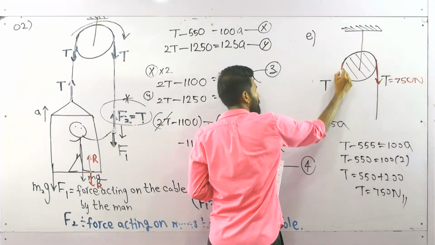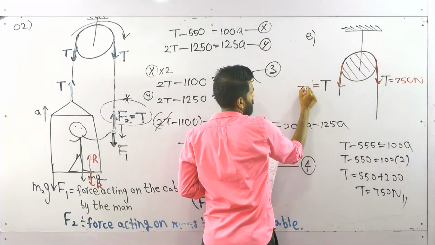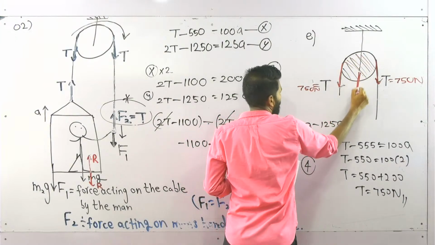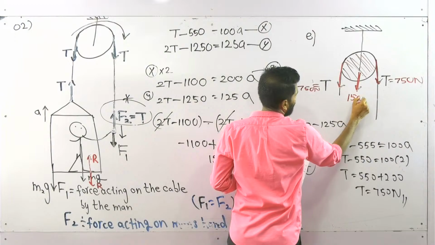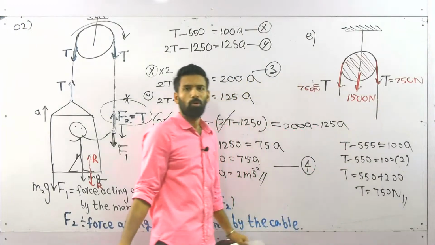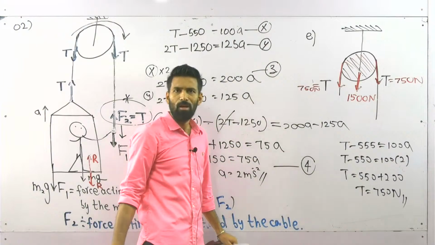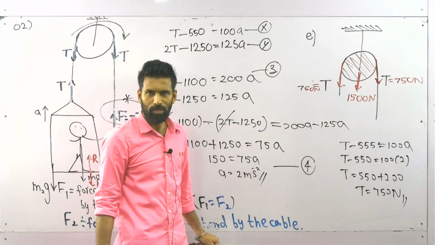From this side, again it's 750. So the pulley is attracted downwards by a 1500 newton force. Altogether, from both sides, the addition, the pulley is attracted downward by a 1500 force.